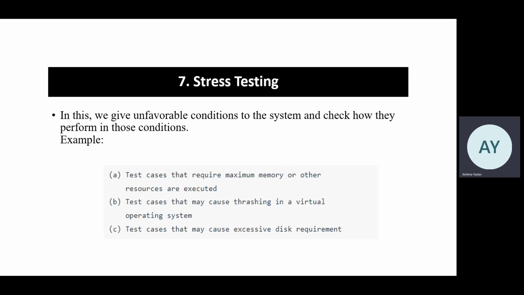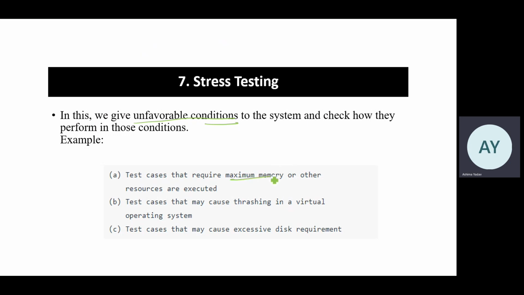Next is stress testing. Stress testing, as the name itself implies, means you are giving your software, your code, stress. Stress means you are making it run under unfavorable conditions. What unfavorable conditions could it be?